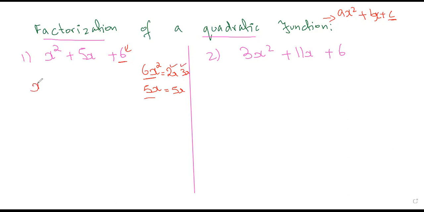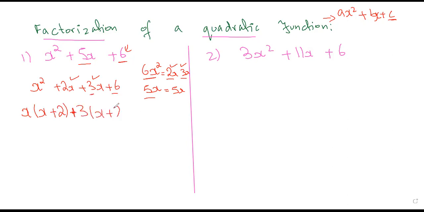So this would be x squared. 5x can be written as 2x plus 3x plus 6. Why 2x and 3x? Because this is what we got. Now I can take x common, x plus 2, plus, now I can take 3 common here, 3, and then again I have x plus 2.